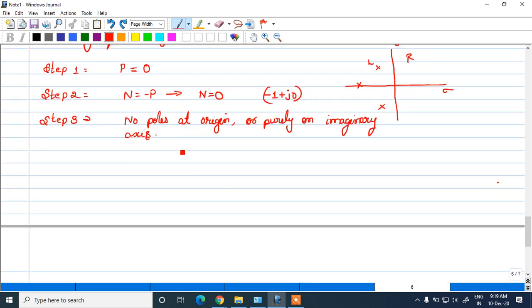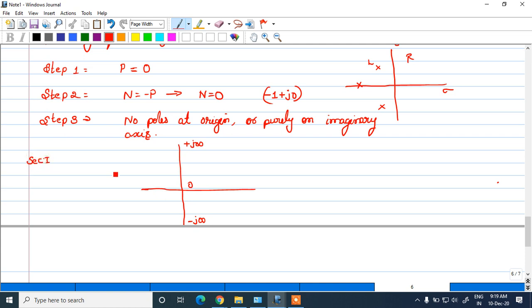So let me draw the actual sketch. Here you will have an imaginary axis and the real axis. This point will be plus j infinity, origin 0, and minus j infinity. Now if I want to define my section 1, let me start here.